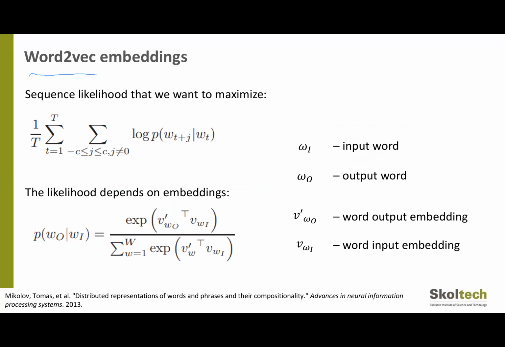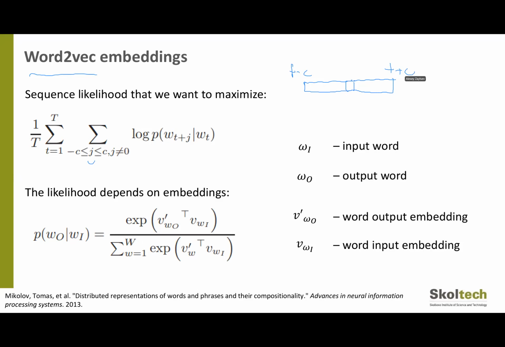In this case, we have the conditional likelihood of words given another word. So we say, okay, we have this j in some time window, j not equal to 0, like in a neighborhood, a window size of this kind, from t minus c to t plus c.